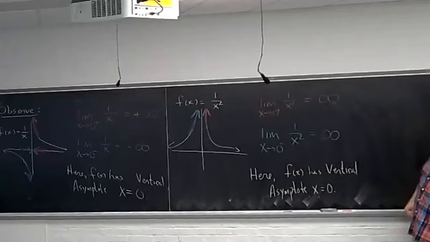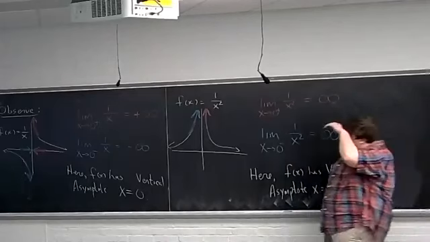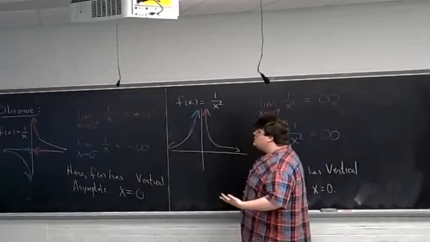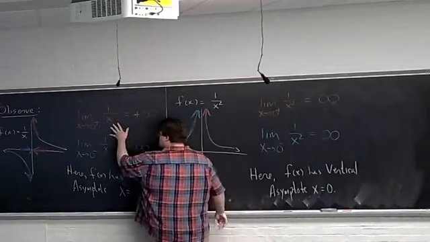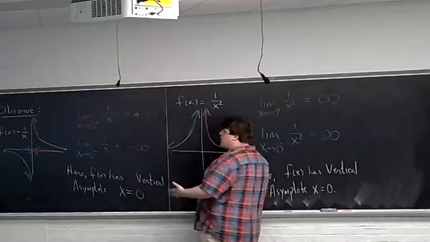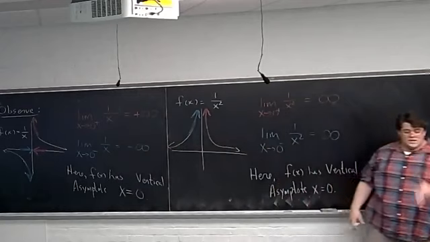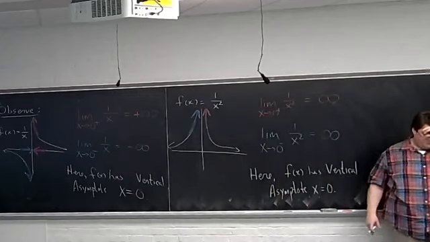Now, why does that happen? Well, the technical definition for a vertical asymptote is that one of these is going to be satisfied. On one side of 0, or the other side of 0, or both sides of 0, the function goes up to infinity or goes down to negative infinity.